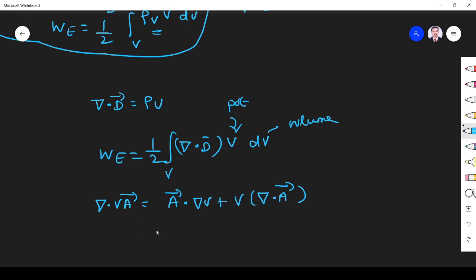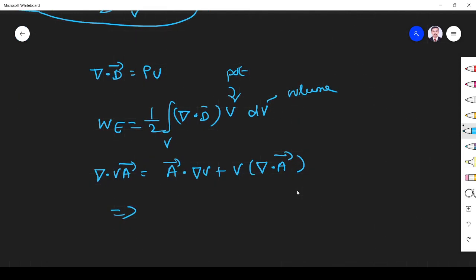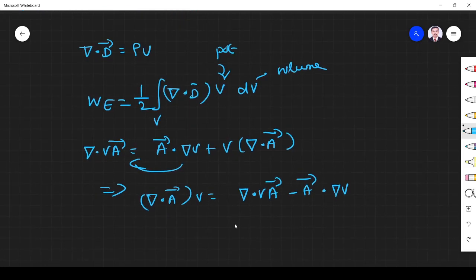So this implies del dot A into V is equal to del dot VA minus A dot del V, bringing it to the left-hand side. V into del dot A or del dot A into V, both are the same. Now you see it is in the format del dot D into V. Del dot A, instead of A we have D. So use this identity here. So what happens?